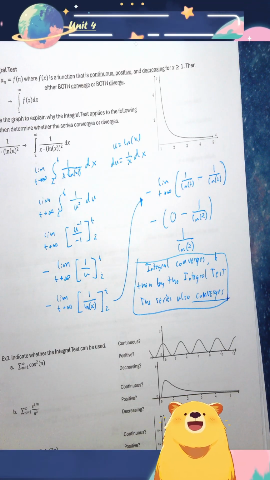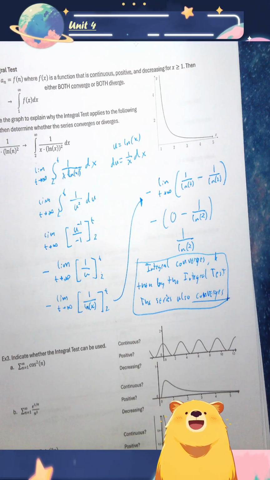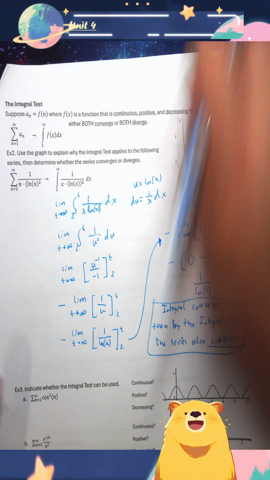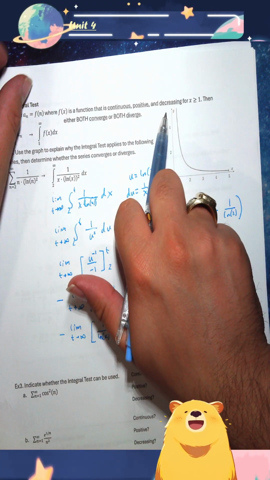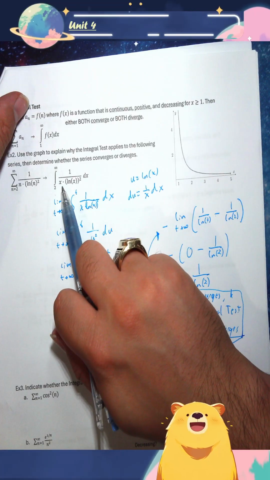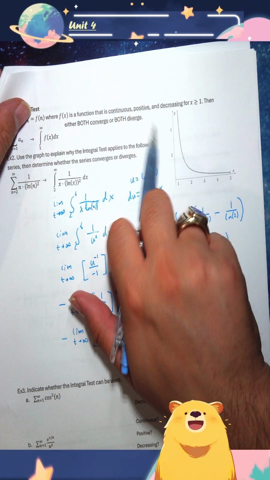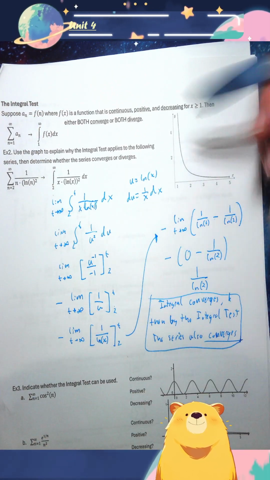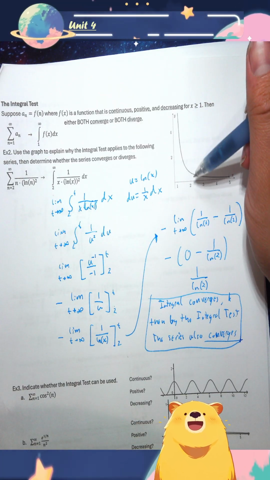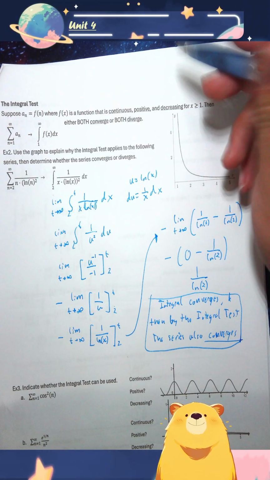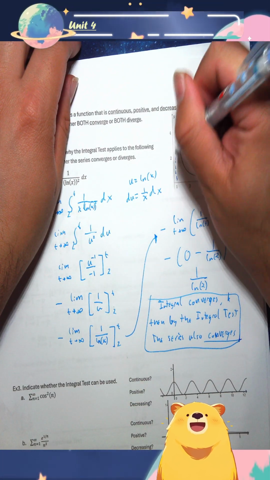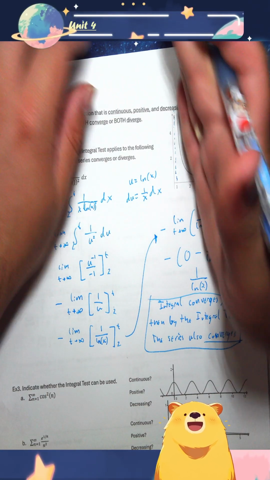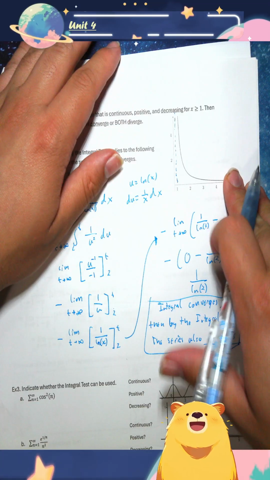Now, keep in mind there is something I purposefully glossed over. I glossed over the fact that this function has to be continuous, positive, and decreasing, for all x greater than or equal to 1. But you see here, in the drawn graph, if you do just a little dotted line at x equal to 1, you see that it is making this decline.